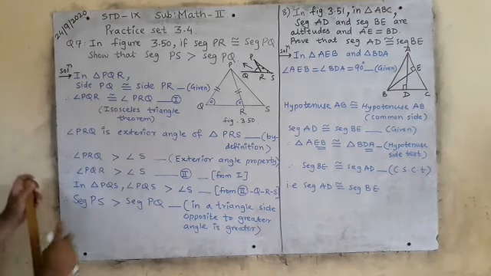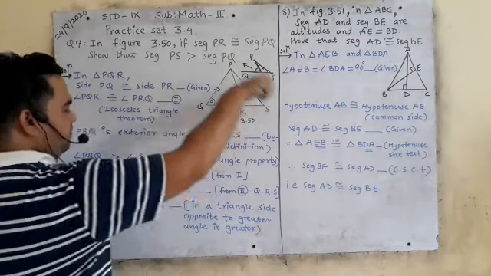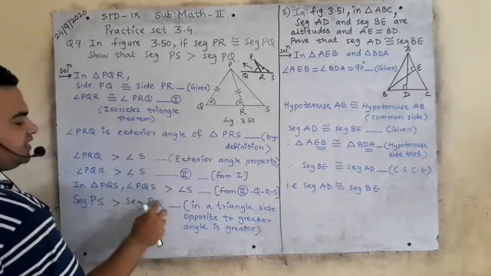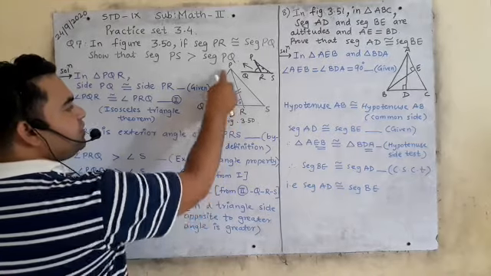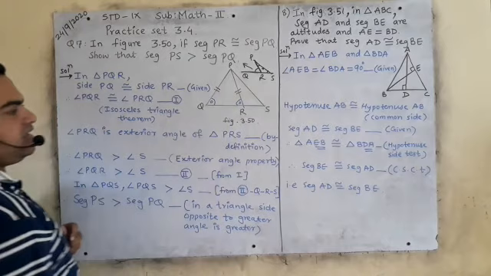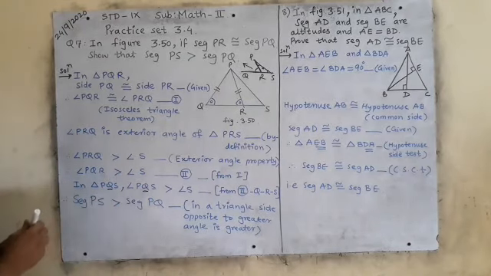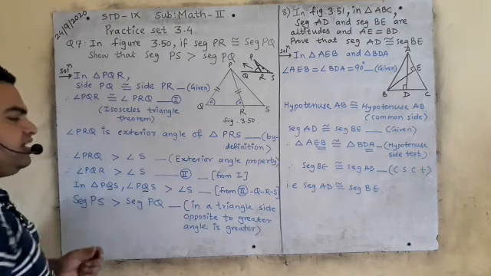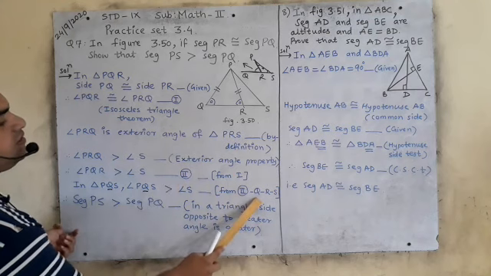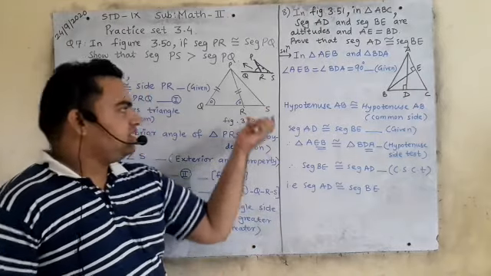Therefore, in the bigger triangle PQS, angle PQS is greater than angle S. The same thing: if PRQ is greater than angle S, then PQS is also greater than angle S, because Q comes in between. It means angle Q is greater than angle S. So from the second equation, Q, R, S are collinear points, and here we use the exterior angle property.